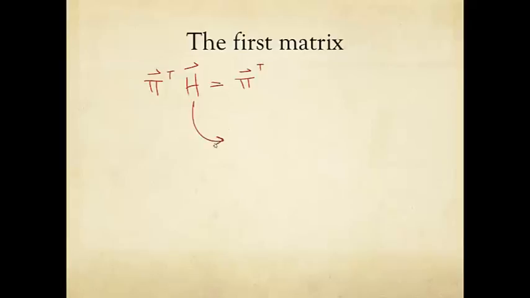And what is this H in general? In general, this H is defined as the ijth entry. It could be 0 if i does not point to node j.